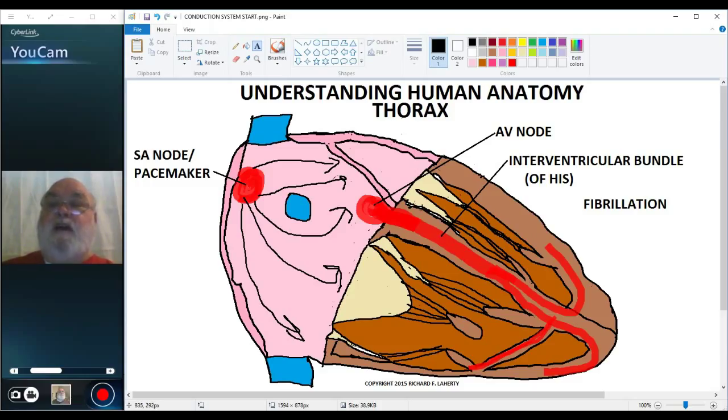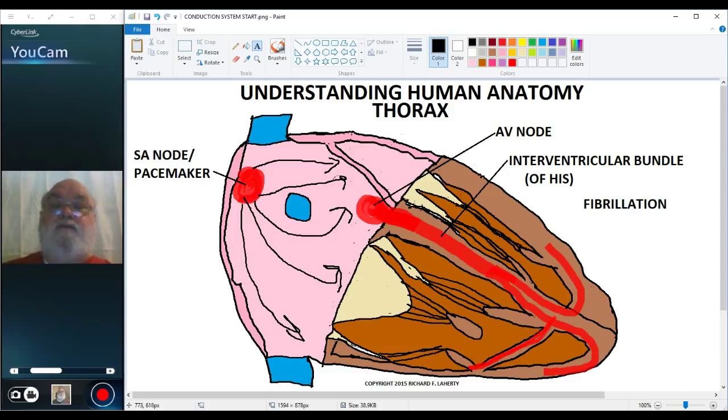So that's the conduction system. The SA node, the pacemaker, the impulse then passes to the AV node, and the AV node is the only pathway from the atria down to the ventricle, and it transmits the impulse down the interventricular bundle, which divides into left and right bundle branches.